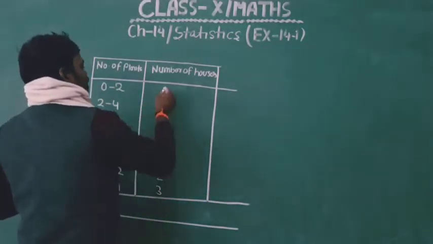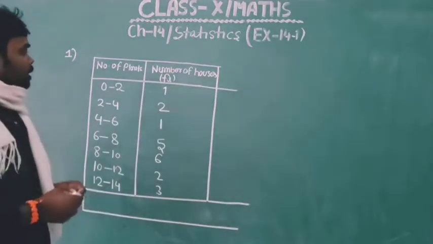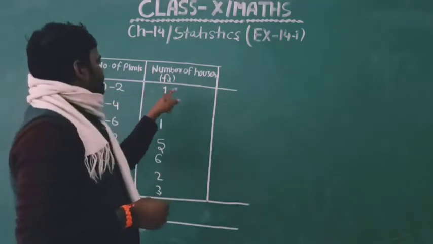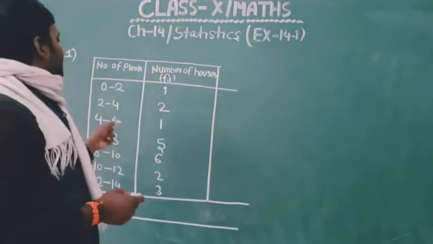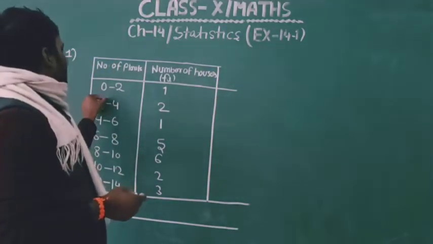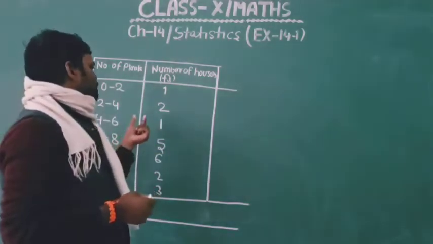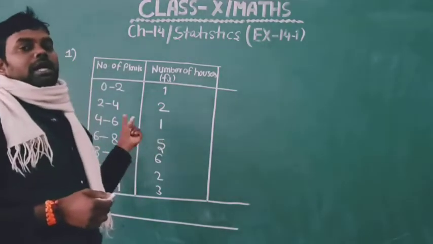This is the number of houses, the frequency, fi. When we find the mid value xi, we get very small values. So to find the mean of the given data, we will use the direct method.